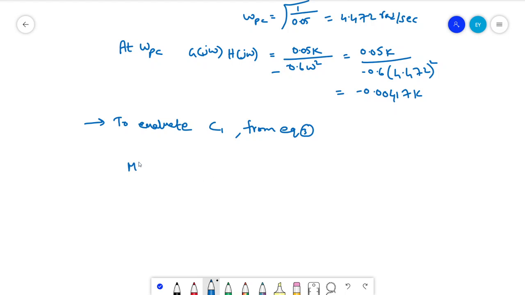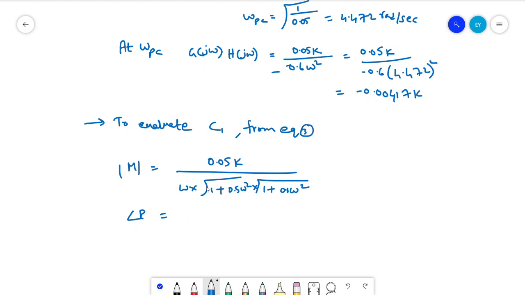Magnitude of G of S into H of S is 0.05 k divided by omega into root of 1 plus 0.5 omega square into 1 plus 0.1 square omega square. So this is the magnitude, and we'll find the phase also.